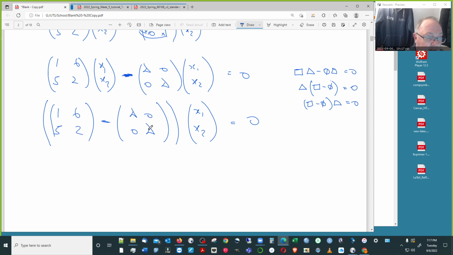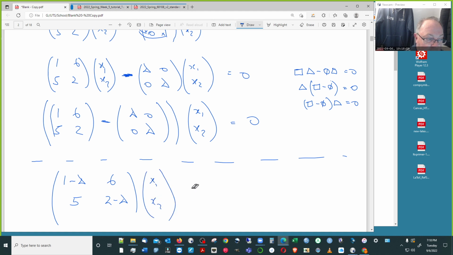And because it's algebraic, we get to write it like this. So I'm going to draw a bit of a line in the sand here and write this as 1 minus lambda, 6 minus 0 is just 6, 5, and 2 minus lambda. So we've still got our x1, x2 pairing, and it's equal to 0.